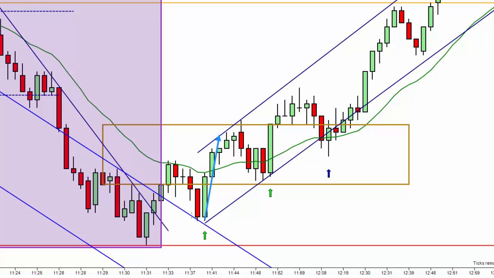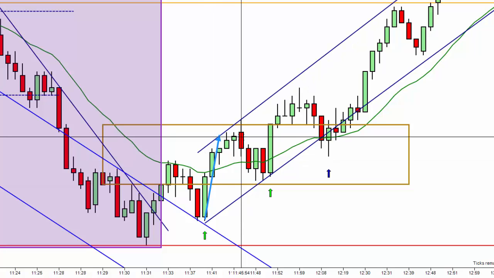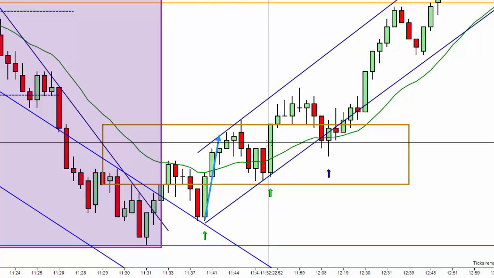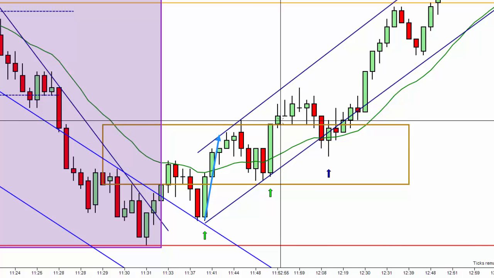So at least you got a lower high. So once this is the lower high, drop in an order right here. And that really takes a while to work out. In other words, from 11:41 to 11:52 is 11 minutes before the first contract comes off.